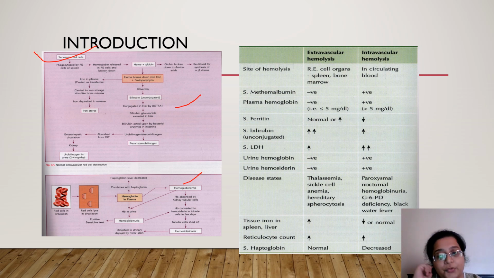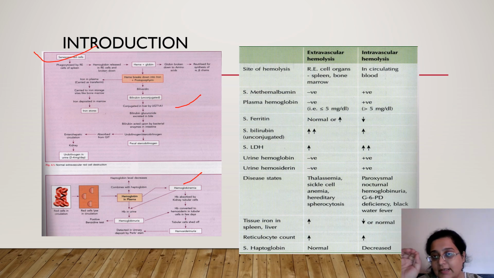Second point that I want you to keep in mind clinically is that when the RBC is breaking inside the vessel, then as haptoglobin decreases, the excess hemoglobin will pass out into the urine as hemoglobinuria.